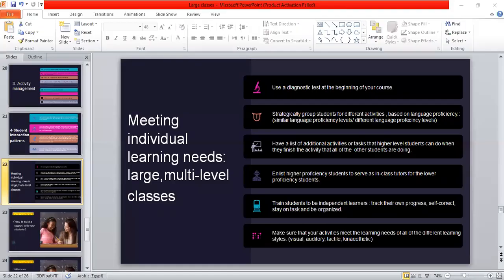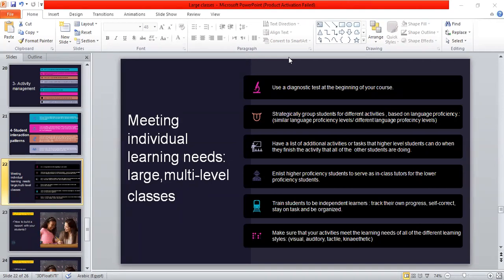We stopped at meeting individual learning needs, the multi-level classes. The more students we have in our classrooms, the more different levels we have. So let's start over.